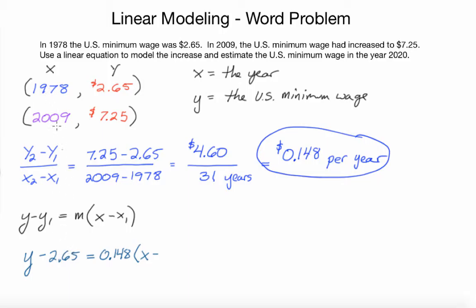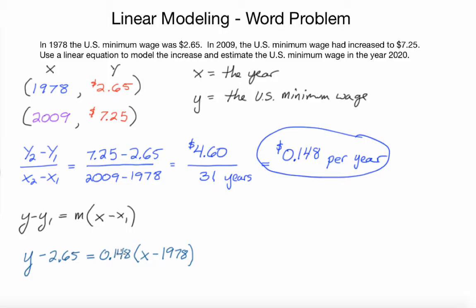For $2.65, we had an x value of 1978. So when we use these points, it's saying, well, my y value is already $2.65, so that's going to adjust future y values. And we're already fixing it around 1978, so x has to be more than 1978. We're already kind of fixing it beyond that point. So we've got it fixed around a point. We're using our slope. We actually have an equation we can use now.